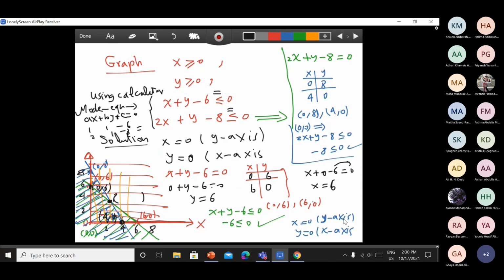Mode, equation, choose ax plus by plus c equal to 0. Minus 2. And y, go down. Y equal to what?